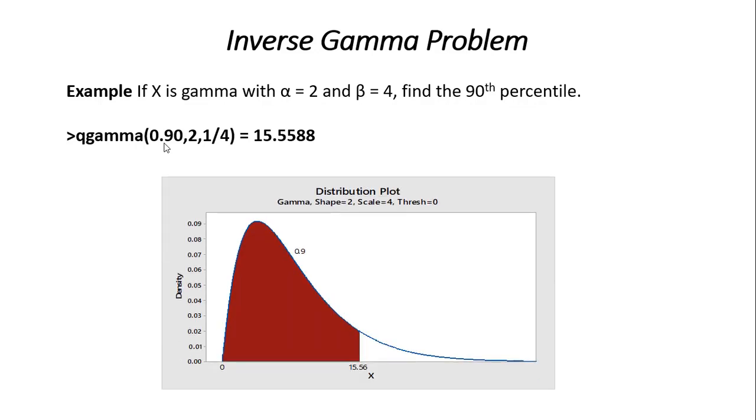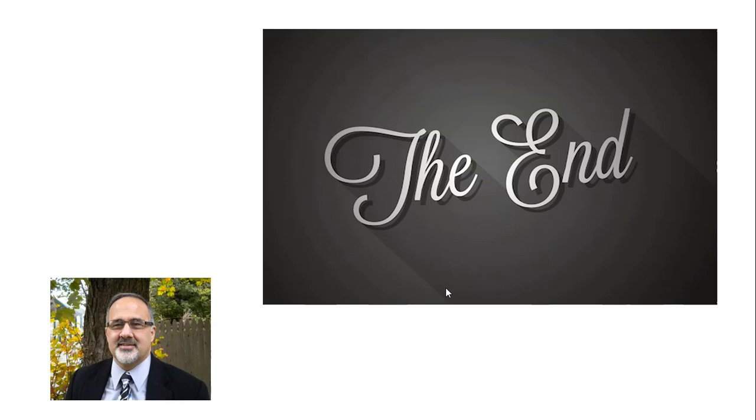And here you see the distribution plot using R. So we know that the probability that X is less than 15.56 turns out to be 90%. That's our 90th percentile.